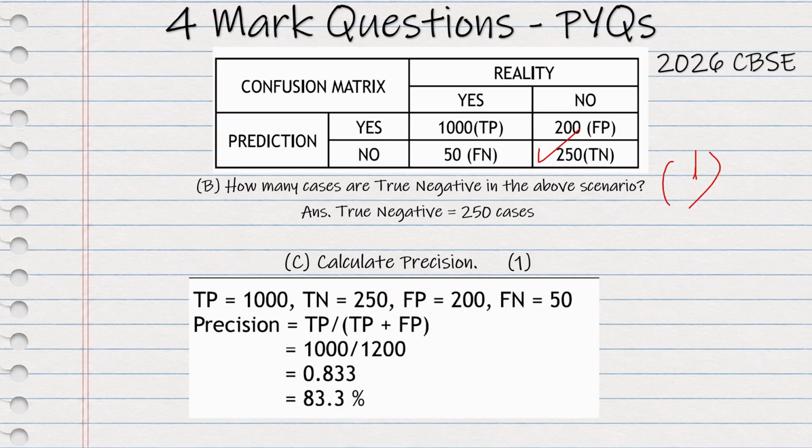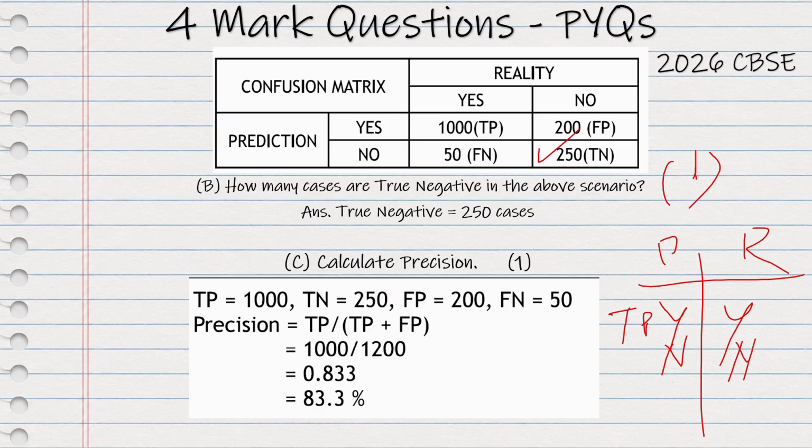तो इसमें बेटा आपका main point यह है कि आपको confusion matrix बिल्कुल ठीक, अच्छे से बनानी है। ज्यादातर बच्चे false positive और false negative में बहुत confuse होते हैं, तो इतना ध्यान रखना, अगर prediction yes है तो false positive होगा, reality no, prediction yes is false negative। आप इस तरह की एक table बना सकते हैं, यहाँ prediction है, यहाँ reality है। अगर prediction yes, reality yes, this is true positive. If prediction no, reality no, this is true negative.